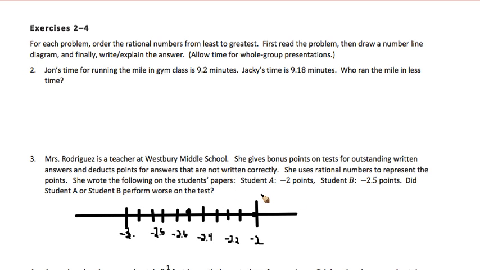Student A is our negative 2 points, and student B is the negative 2.5 points. And our question is, did student A or student B perform worse on the test? Well, worse would mean that you have a lower score, so student B performed worse on the test.